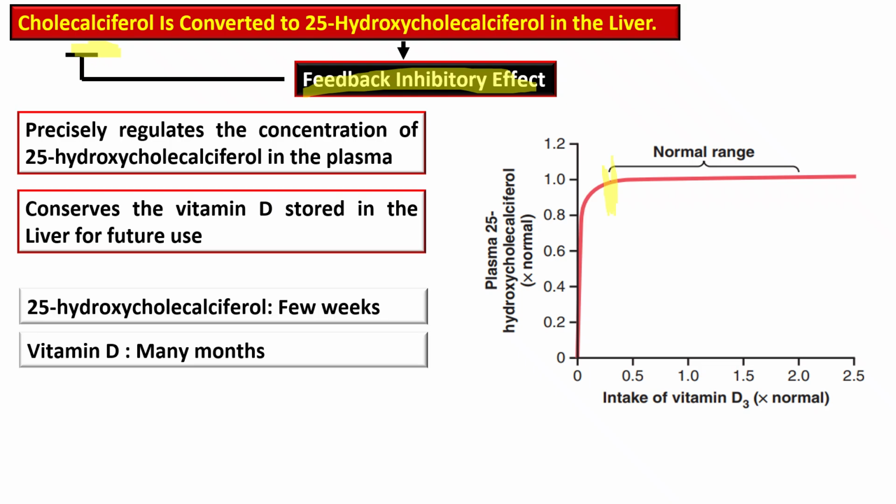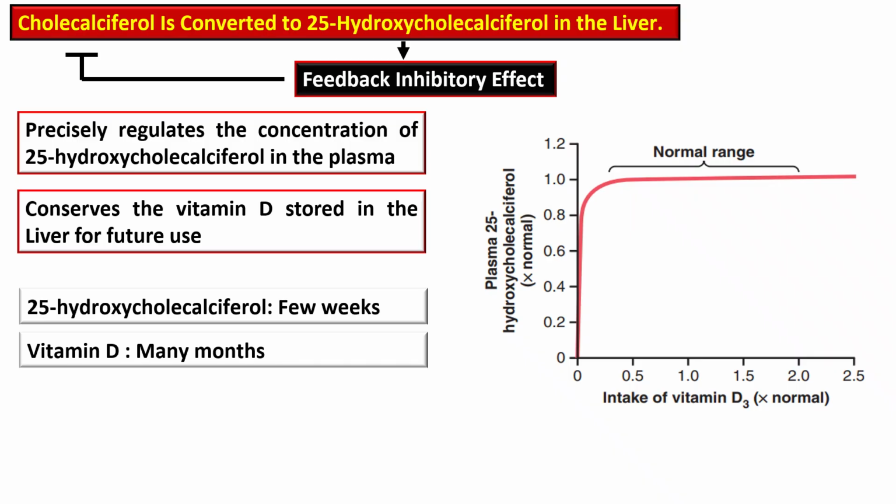So the liver is the site where the vitamin D is conserved for future use, and the 25-hydroxycholecalciferol has a life of a few weeks, while the cholecalciferol remains there for many months.